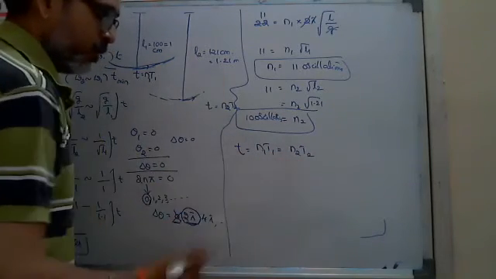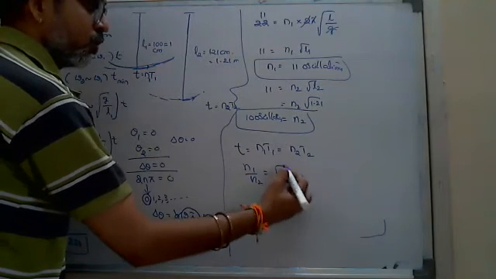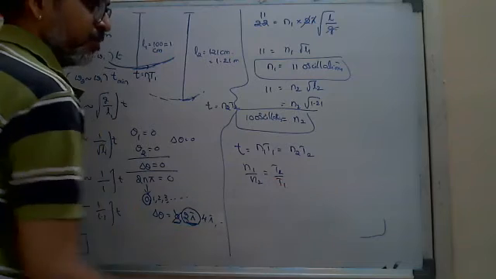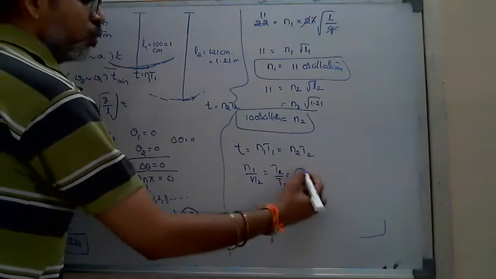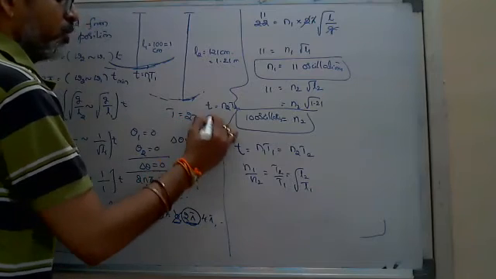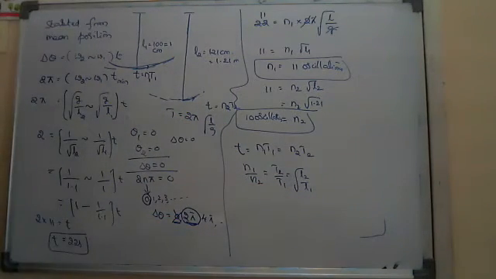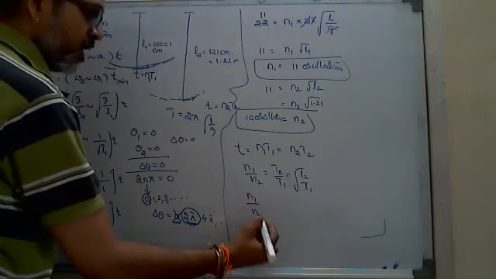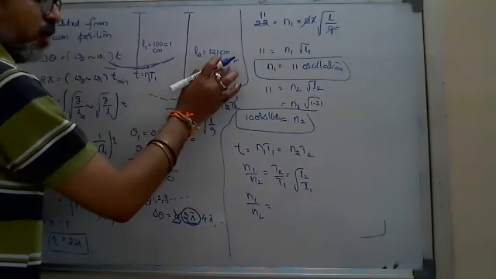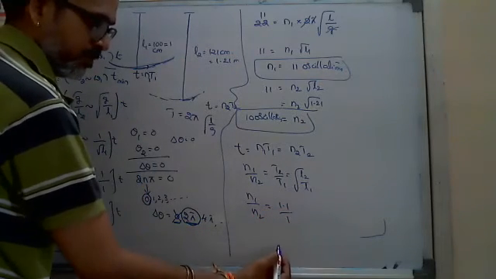According to the condition, I can write n1 by n2 is equal to t2 by t1, which is nothing but root of L2 by L1. Why? Because in the time period formula 2 pi root of L by G, T is directly proportional to root L. So from that you get n1 by n2 is equal to root of L2 by L1. L2 is 1.21 and L1 is 1, so it is 1.1 by 1.